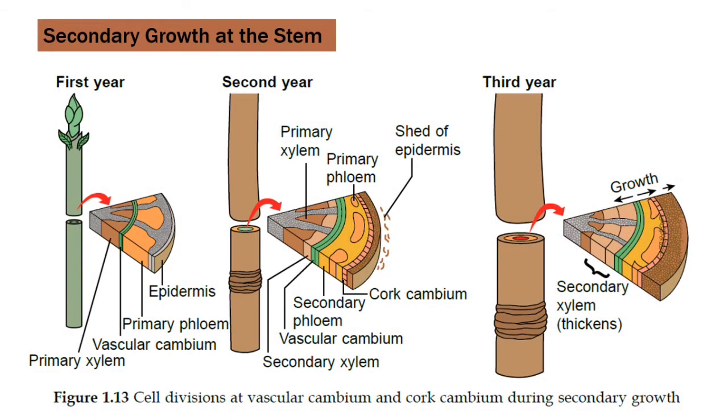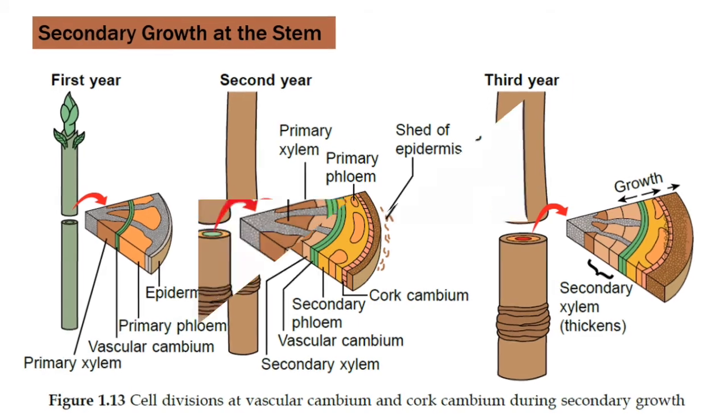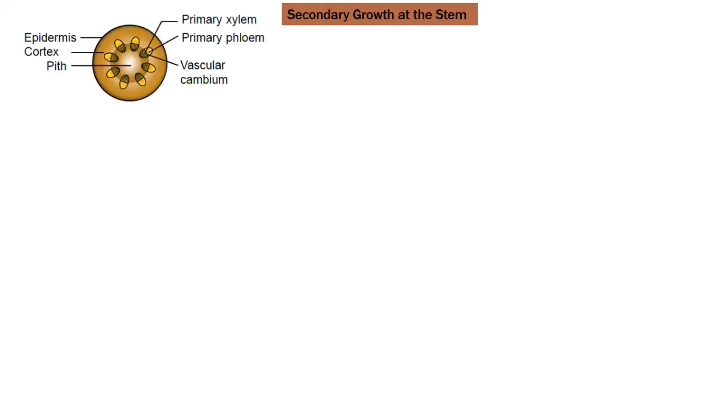So, this is the picture of secondary growth process at the stem. Okay, after 3 years, it will increase the circumference or diameter of the stem. The stem becomes thickened.